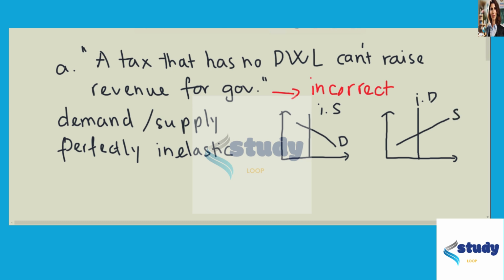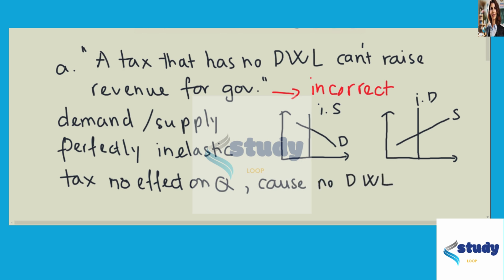When we have perfectly inelastic demand or supply, a tax will have no effect on the quantity, and it causes no deadweight loss.